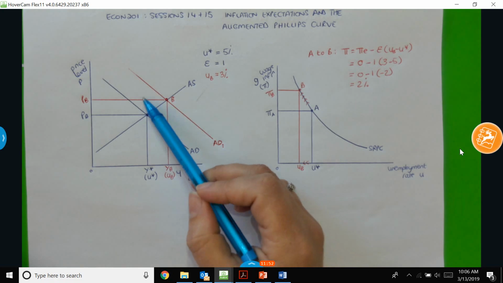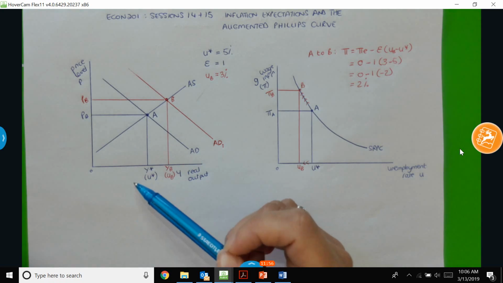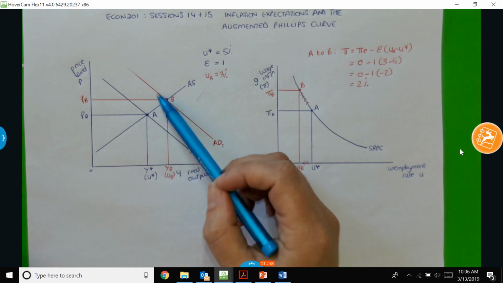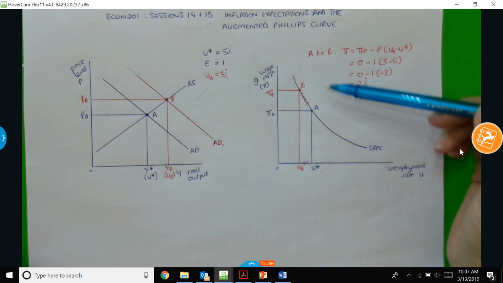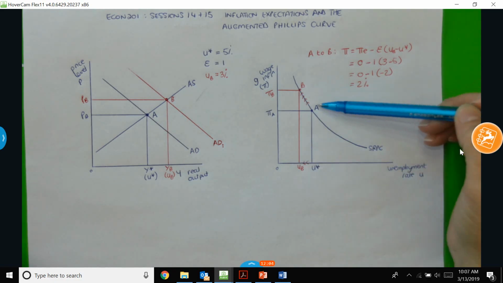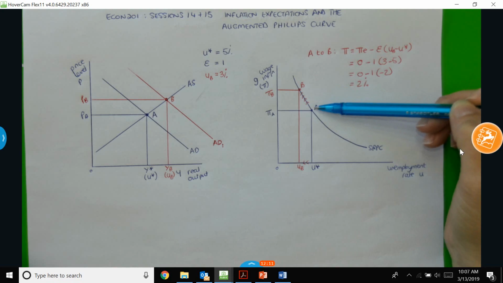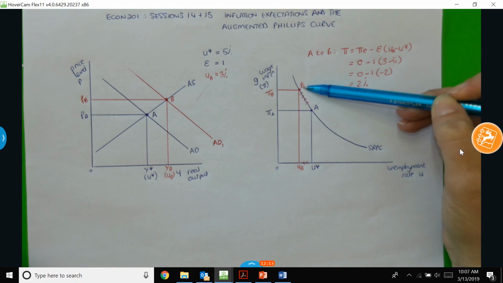And so when prices rose, that was an unexpected change in the price level. And because that change in the price level was unexpected, that caused the unemployment rate to fall below the natural rate of unemployment, and the inflation that was experienced we can show on the Phillips curve as an upward movement from A to B.